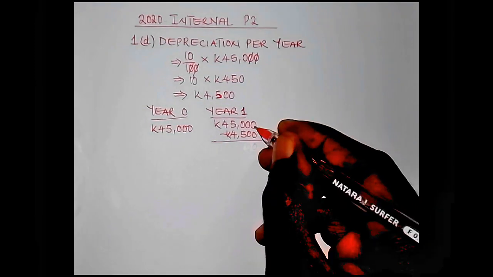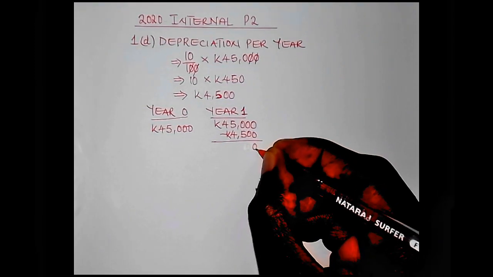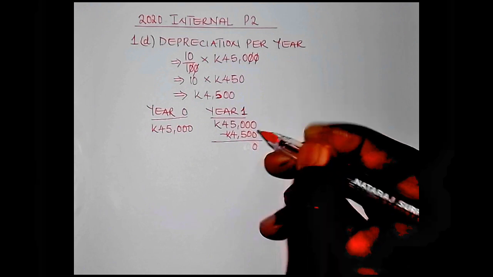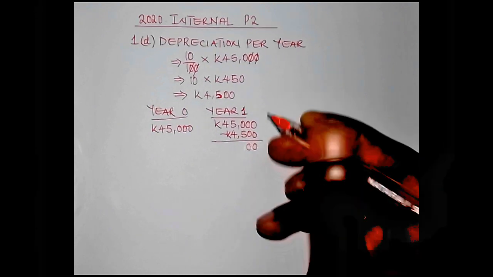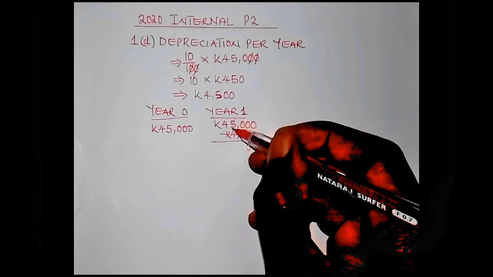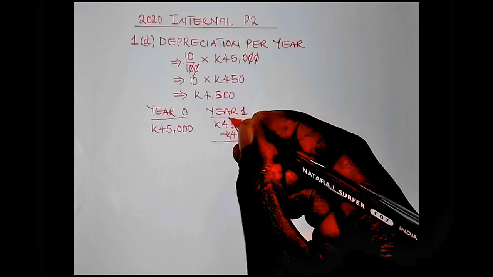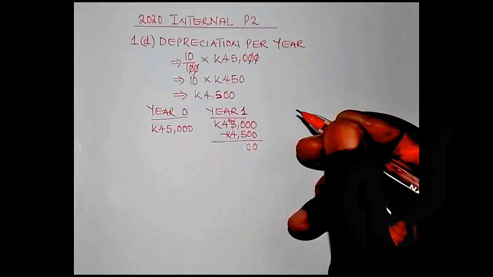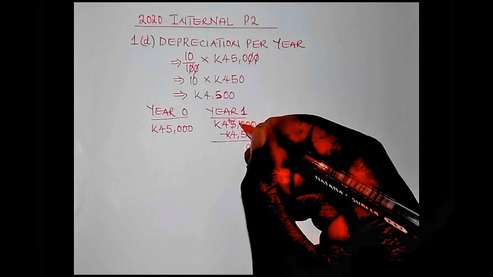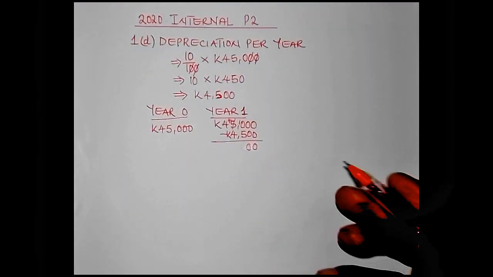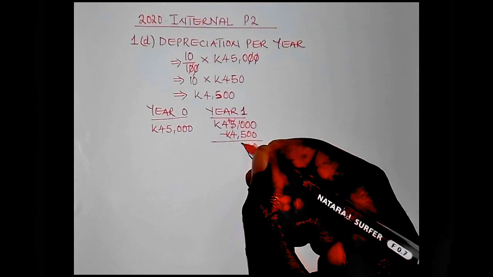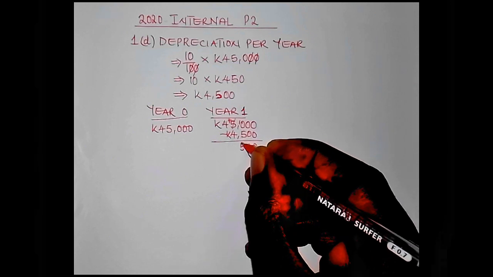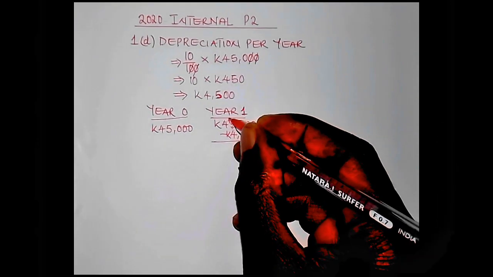Zeros will subtract. 0 take away 0 is 0. Again, 0 take away 0 is 0. 0 take away 5, we get 1 from 5, and there we remain with a 4, and we put 1 in front of this 0, which becomes 10. 10 take away 5 gives us a 5 here. Now here we remain with a 4.